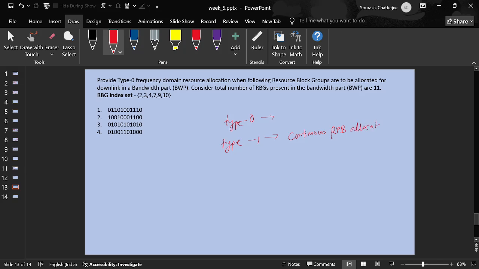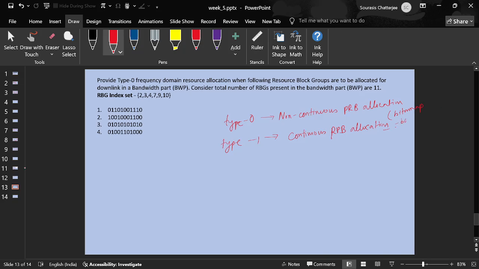You have a starting position, and from that position you continuously allocate the number of PRBs, and you are done. And type 0 is based on the bitmap, non-continuous. This question is on type 0.